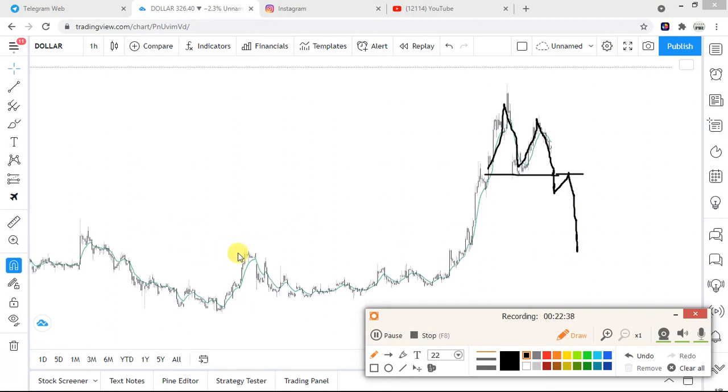Here is a major support, where you may make an exit after some pips. Now you understand what I'm saying and what I'm talking about here. I think you understand now.